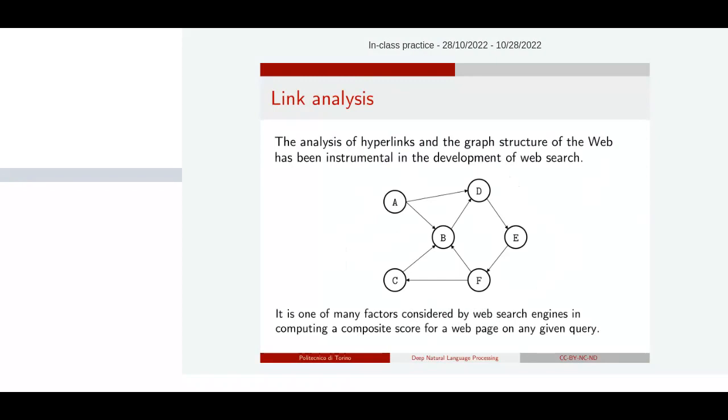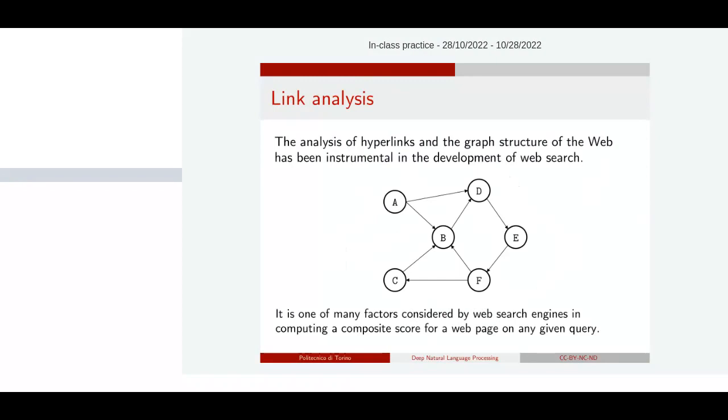So if we have a score that is able to give us the information whether a web page answers a given query, we can also use scores based on link analysis to boost some of the web pages that actually are more authoritative than others.